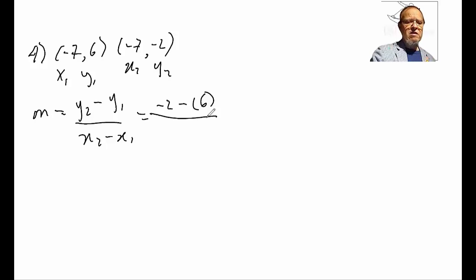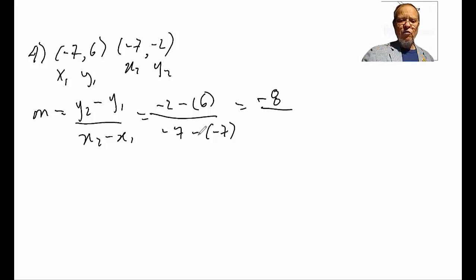And then x2 is -7 minus, and then -7. So here we have -2 and -6, so that gives us -8, all over -7 plus 7, which gives us -8 over 0.